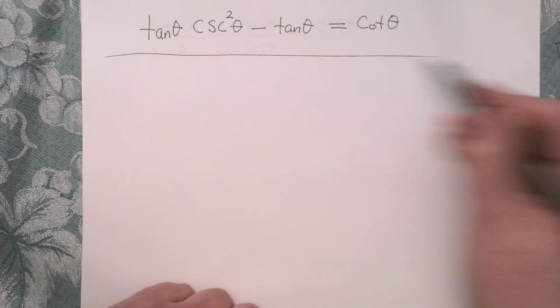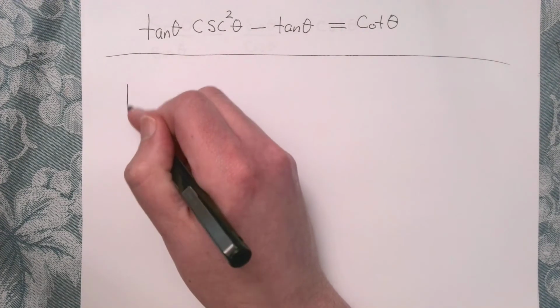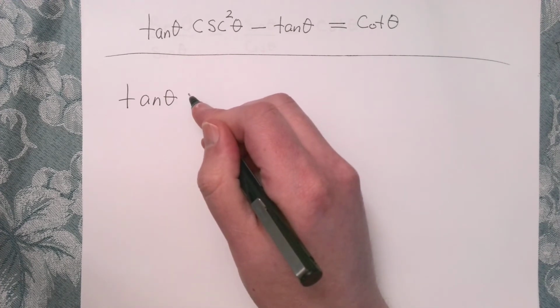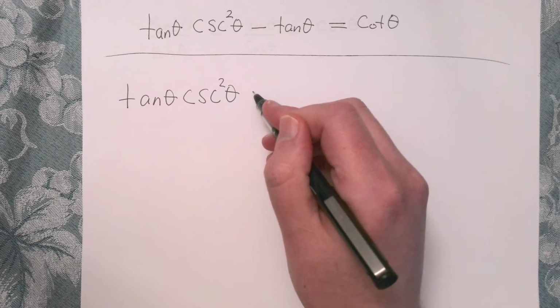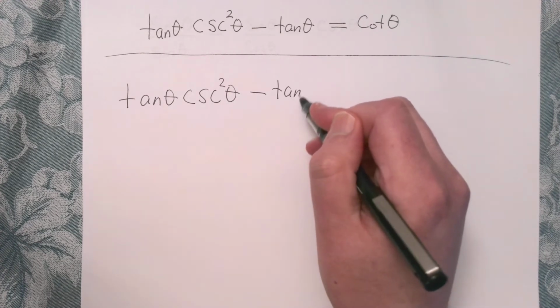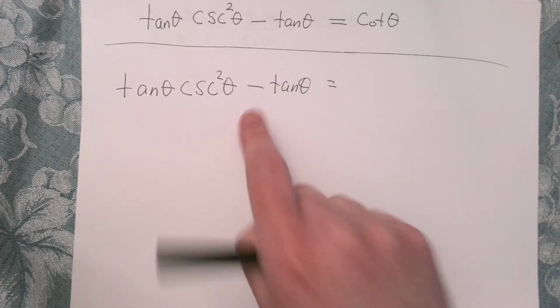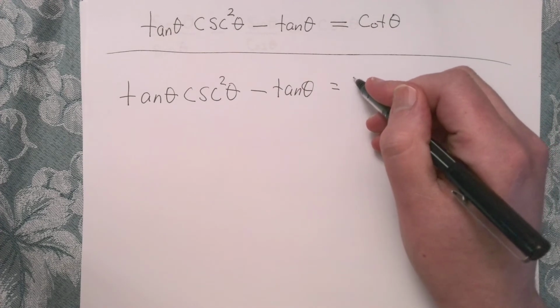Okay, so let's work with the left side here and try to get this equal to the right side. Let's see here. I've got tangent of theta times the cosecant squared of theta minus tangent of theta. The first thing that hits my eye is this greatest common factor of tangent of theta. Let's factor it out. Let's see if it leads anywhere.